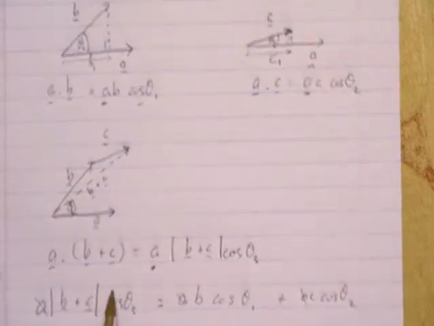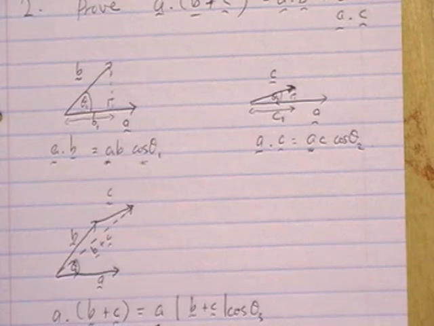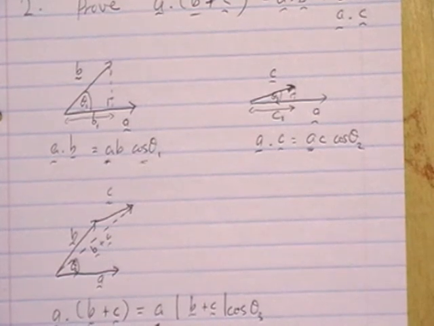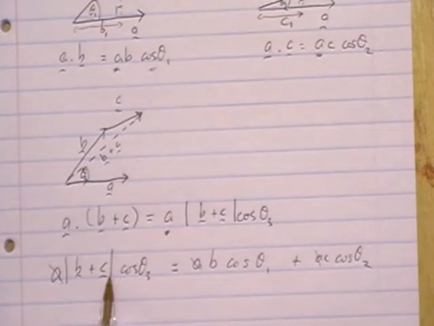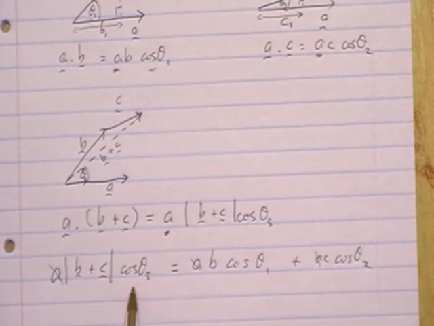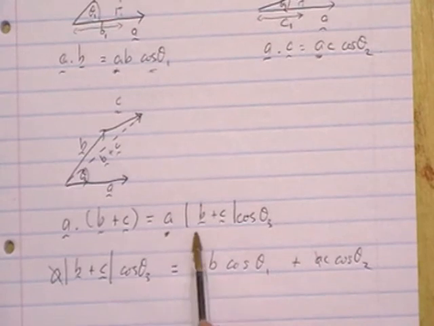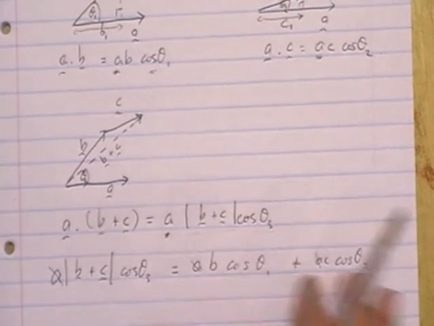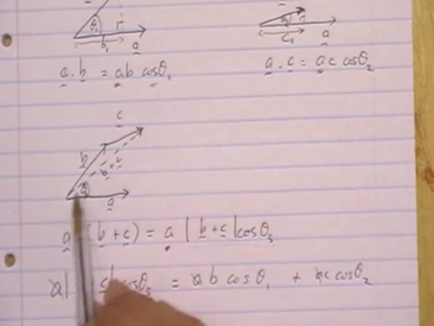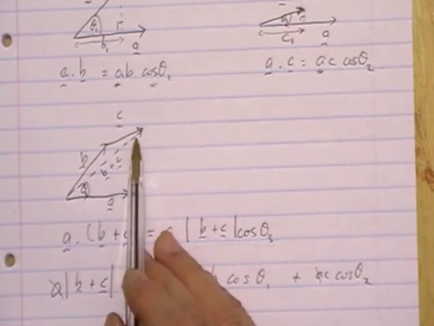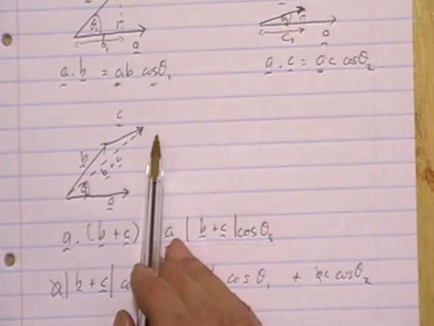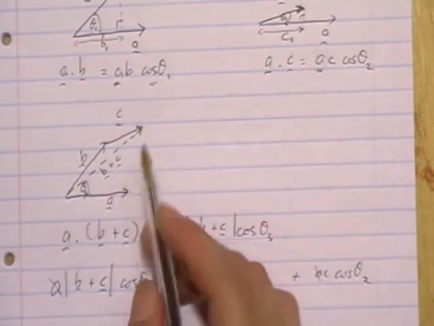And likewise, for the length of b plus c cosine theta 3, which we also have here, we can look at this figure and relate it to the same meaning as we did for the previous two cases.